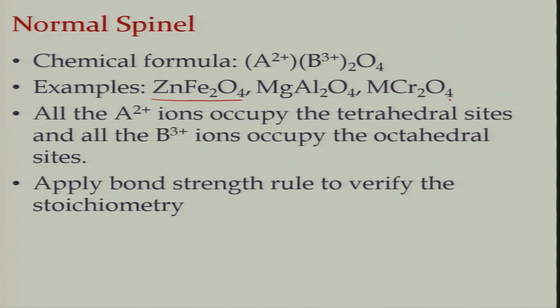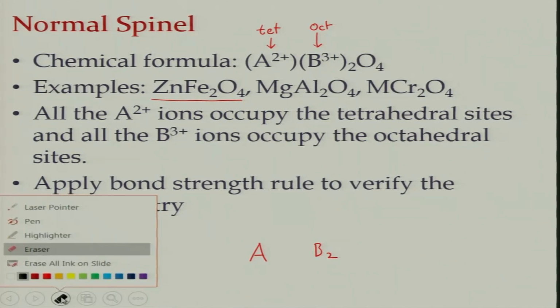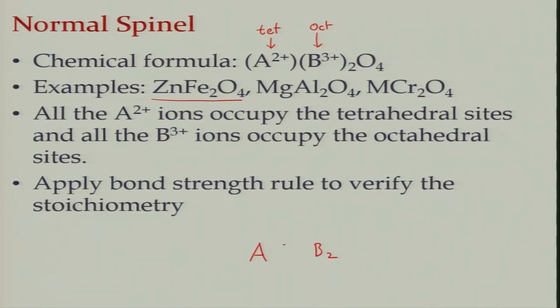structures. So essentially what happens in this structure is the A atom goes to tetrahedral site and both the B atoms go to octahedral sites. So you can write this structure as A tetrahedral, B2 octahedral, O4.